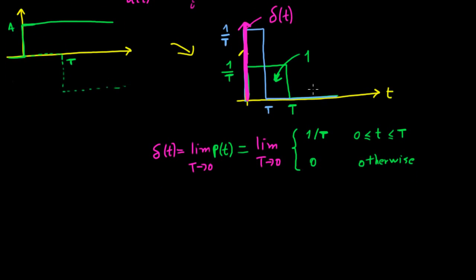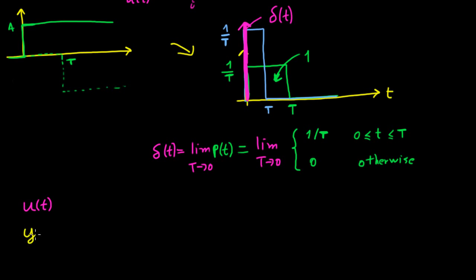Well, because once we have g of t, the output to any input u of t is given by the convolution of u of t and g of t.